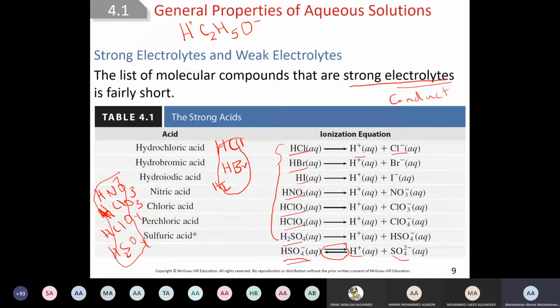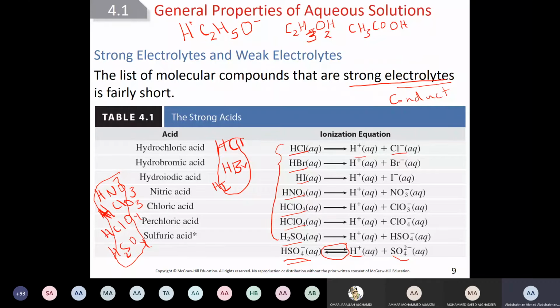Now, what's the name of this acid? We sometimes write it like this, and we can write it H2C5OH, and we can write it... Acetic acid. Yes. It is CH3COOH.